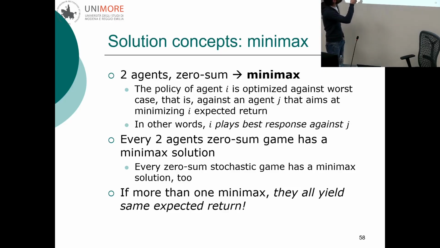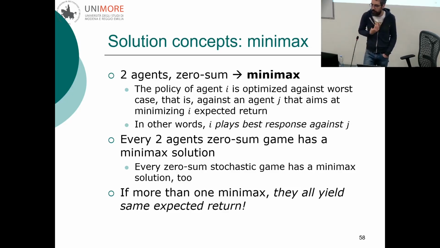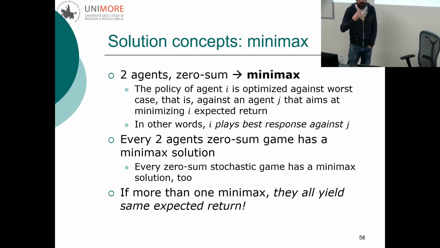In a two-agent zero-sum game, if I am playing best response, for me it means I am playing as well as I can against an opponent that is also playing as well as he can. This is minimax. Why? Simply because this is a zero-sum game. So my opponent has all the interest in defeating me, so in playing at best against me. I have the same interest, so we both aim to play best response.